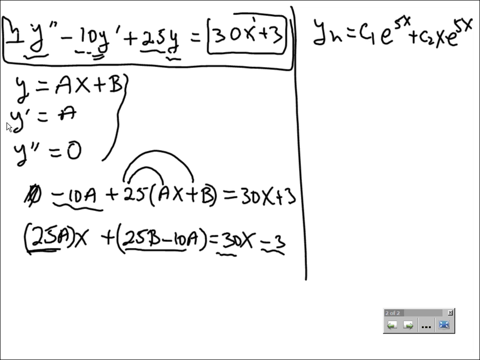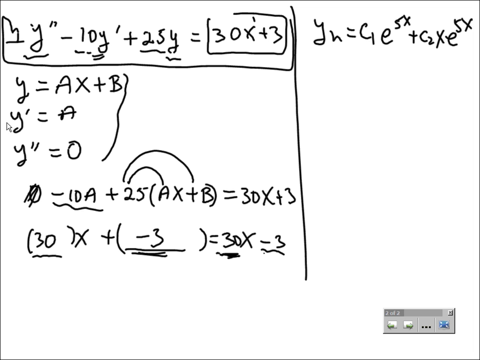They must be equal. I mean, for example, if I erase the 25a, I better put 30 there. And if I erase this, I have to put 3. That is, whatever goes in that first bracket must be 30.